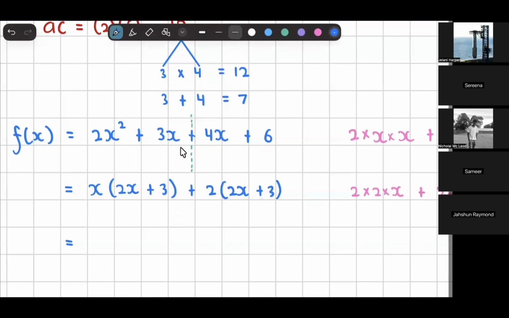So the greatest common factor between those two terms is actually 2x plus 3. From there, what am I going to write inside the other bracket? x plus 2. Yep, x plus 2.